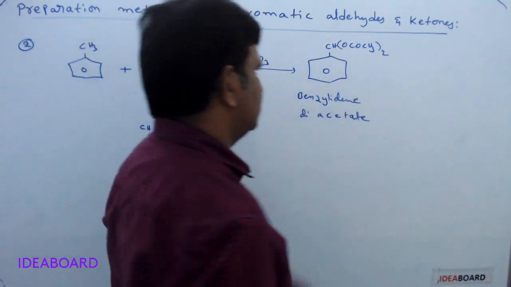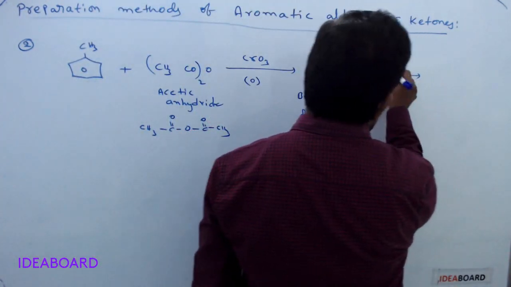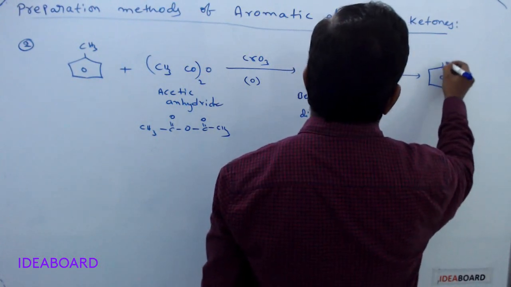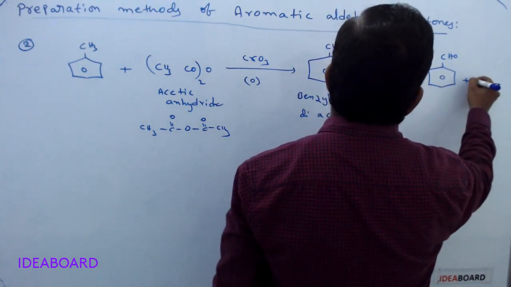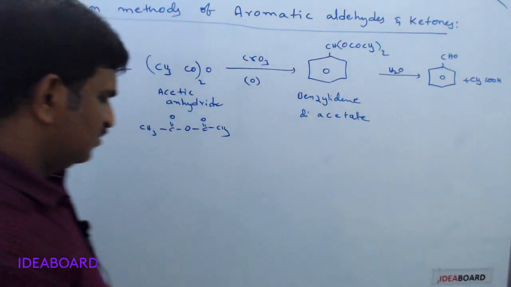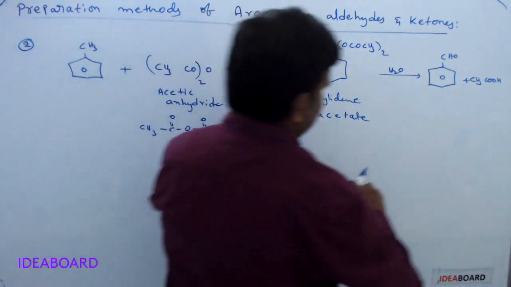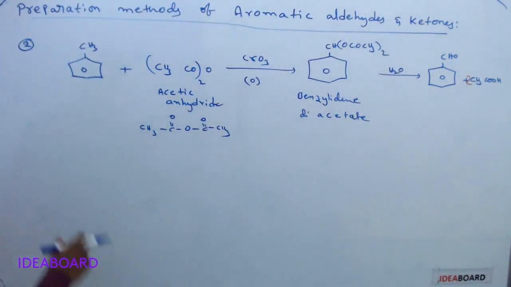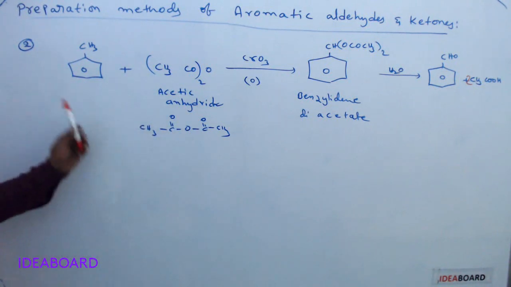Two acetate ions are present, and this followed by hydrolysis gives benzaldehyde, CHO, plus two molecules of CH3COOH. That is the second method, but this is not the Etard reaction.